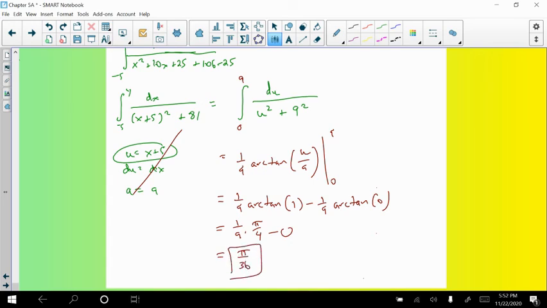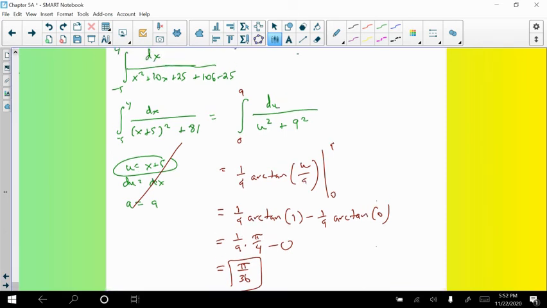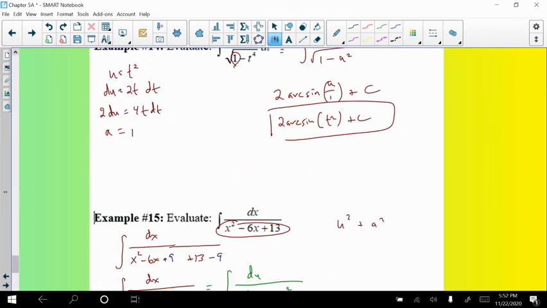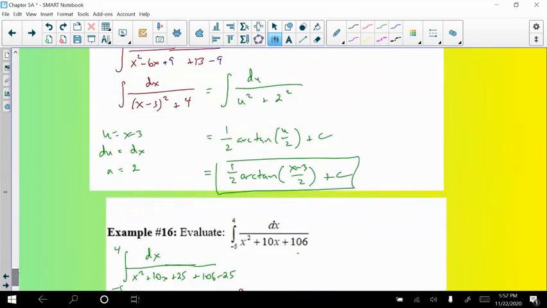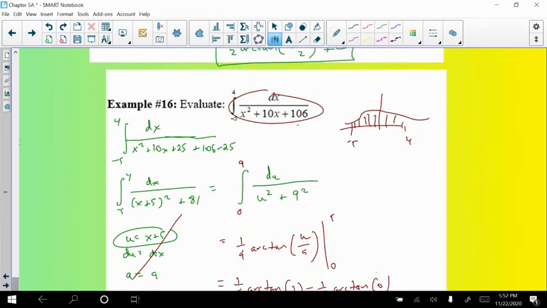And, again, I just think about what did we just do geometrically? Geometrically, we found the area under this curve, which is a rational function. So I could graph this from -5 to 4, and whatever that looks like, some kind of rational function, the area under that curve is pi over 36.